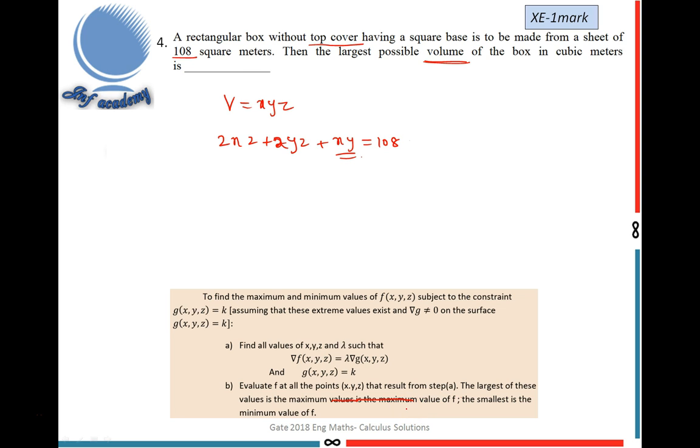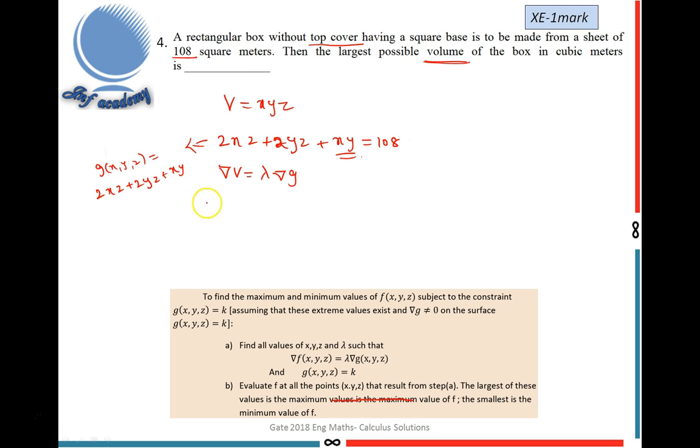So first I find, here f is v and g is 2xz plus 2yz plus xy equal to 108. So first I find del v equal to lambda del g. Here g is this function, g of x, y, z equal to 2xz plus 2yz plus xy.